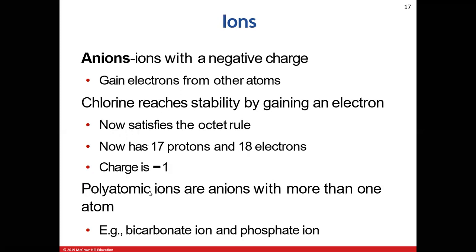Okay. We also have the opposite. We also have anions. And anions are going to have a negative charge. They have more of a tendency to want to take on an extra electron. So if we look at chlorine, chlorine normally has 17 protons and 17 electrons. It has 7 electrons in its valence shell because, again, we start with 2 in the first one, 8 in the second one, which gives us 10.